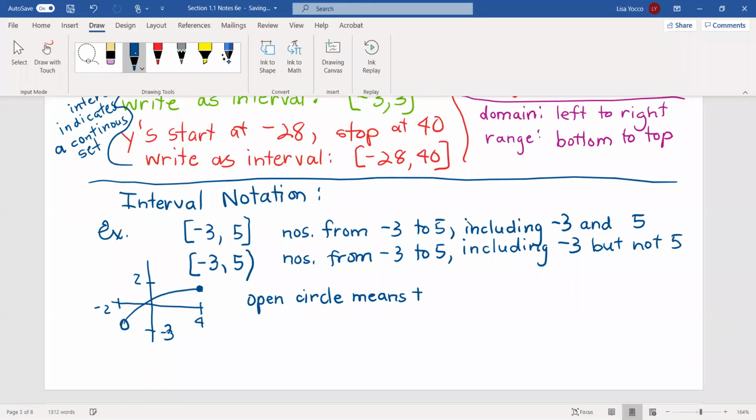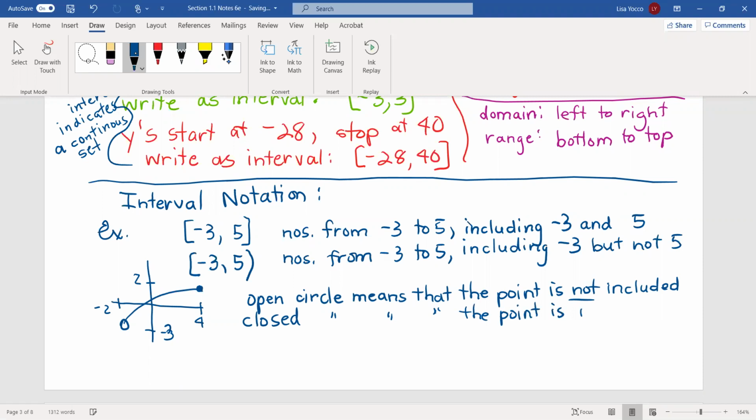And the point is not included. And then a closed circle means that the point is included.